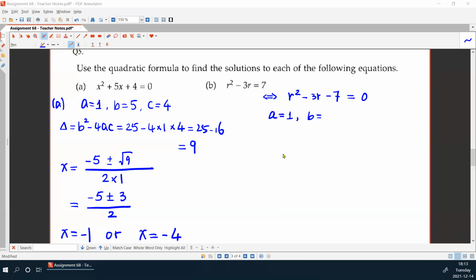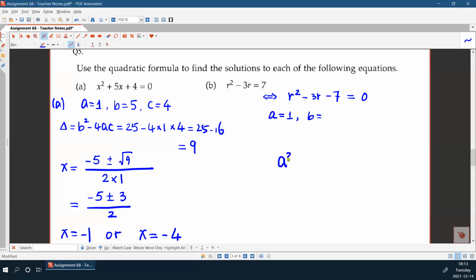No, the standard form of the quadratic equation is ax squared plus bx plus c equals 0. This is called standard form. So b is the coefficient of x, so b is -3. What is c? c is the constant, so c is -7, correct?